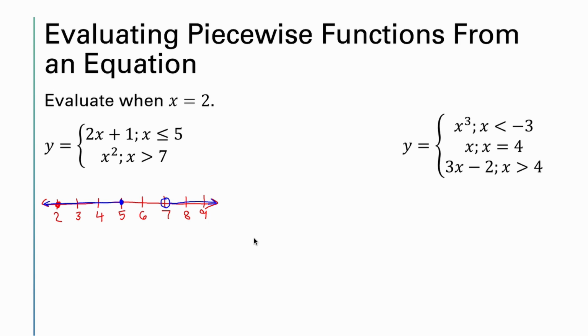So let's see, where does our evaluation value fall? Does it fall in this interval or this interval? Well, if our evaluation is in this one, then it'll be included. And it seems it is. So 2 will be in this interval. So we're going to follow this rule. So let's plug in 2 into 2x plus 1. So 2 is x.